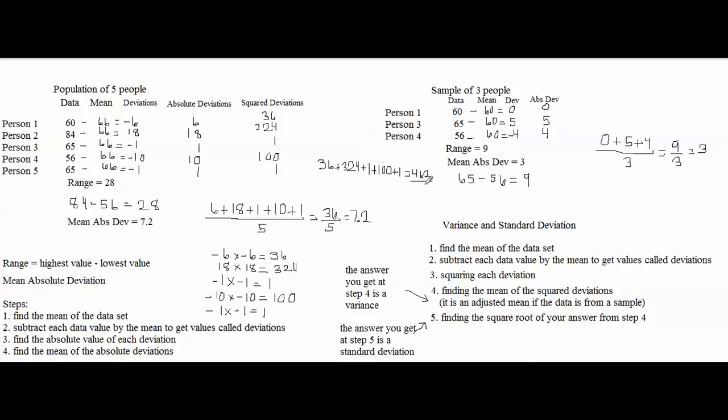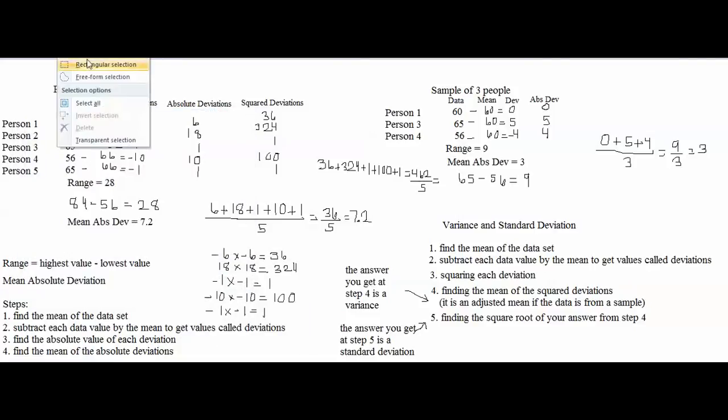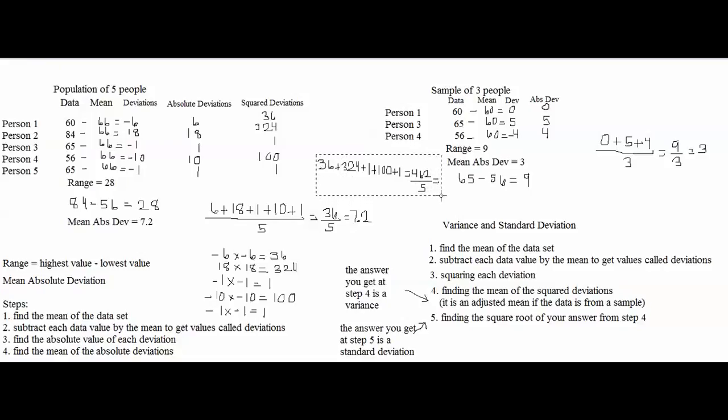Now we divide 462 by 5, and we get our answer. We get 92.4. So the variance is just the mean of the squared deviations. Just like how the mean absolute deviation was the mean of the absolute deviations, the variance is just the mean of the squared deviations. It came out to 92.4.